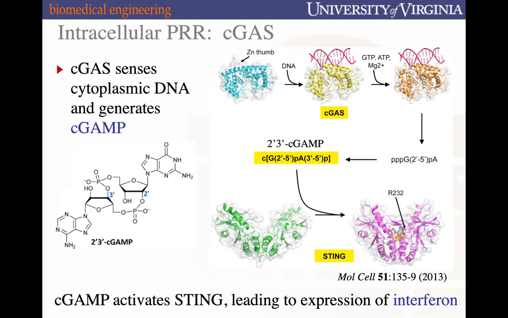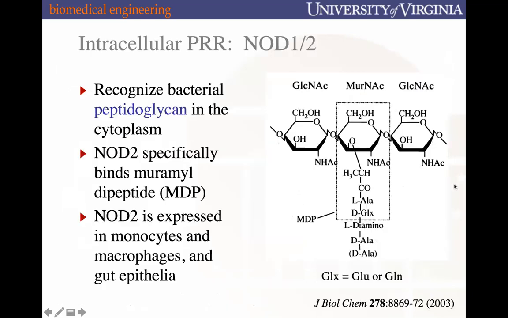All right. Another intracellular pattern recognition receptor is called NOD. NOD recognizes bacterial peptidoglycan in the cytoplasm. As I mentioned before, there is a segment of bacteria that have peptidoglycan either on the surface or embedded between two membranes.